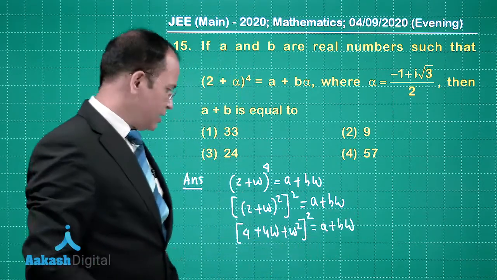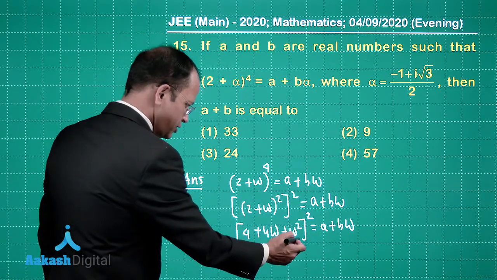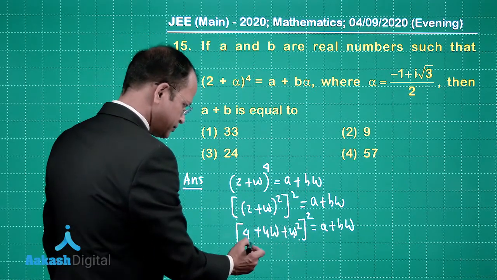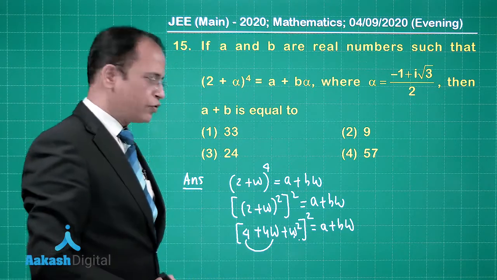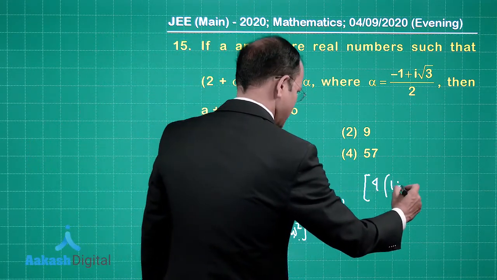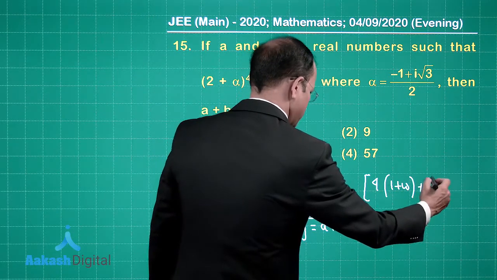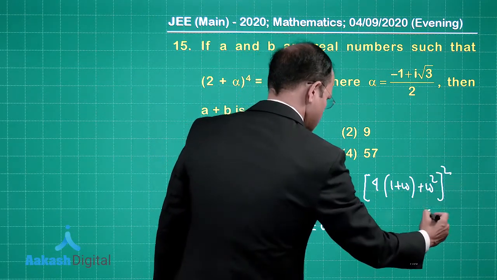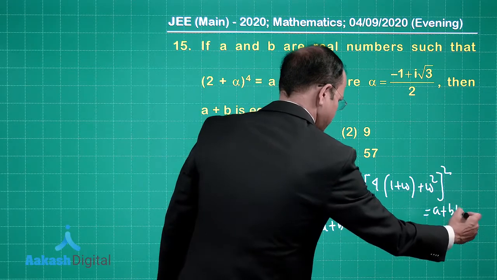Can you see that? So here we can just have a look at this part, right? So 4 plus 4 omega, yes, this can be written as 4 times 1 plus omega, and this is coming out to be omega square whole square. This is A plus B omega, right?